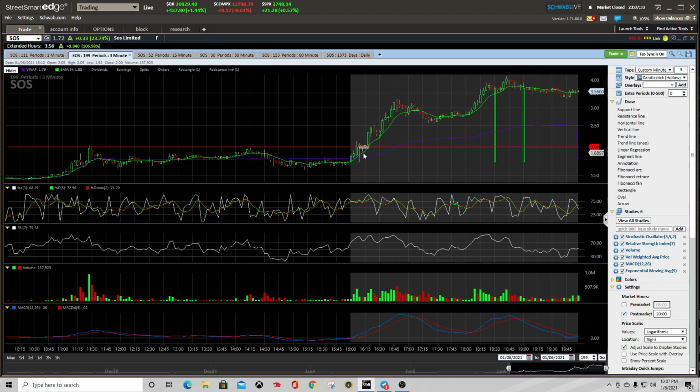You're risking about 1.90, so about 14 cents, and you would have bought about 35 shares roughly, risking $5. Okay, so the first take profit was at 2.48.